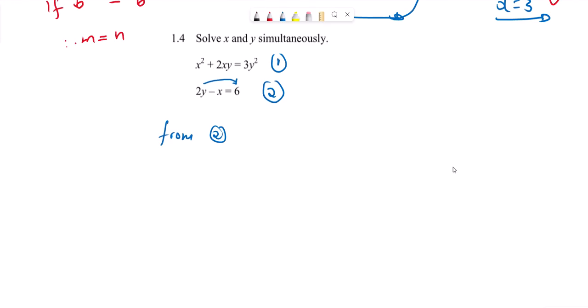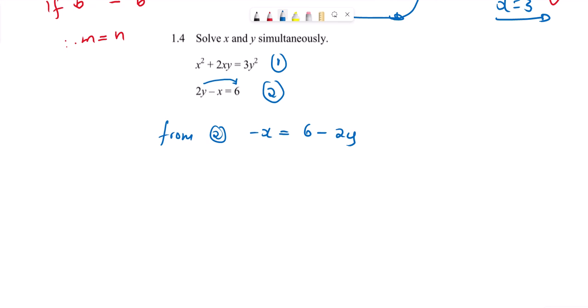Okay, we're back. So from 2, I was saying that I'm transposing the 2 to the other side. In other words, from 2, negative x is the same as 6 minus 2y.